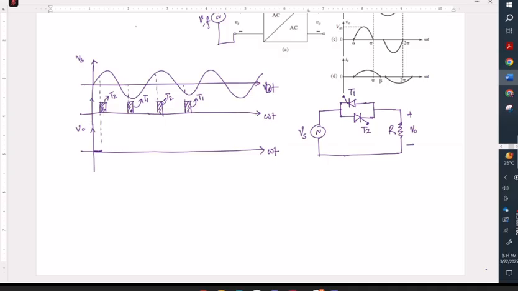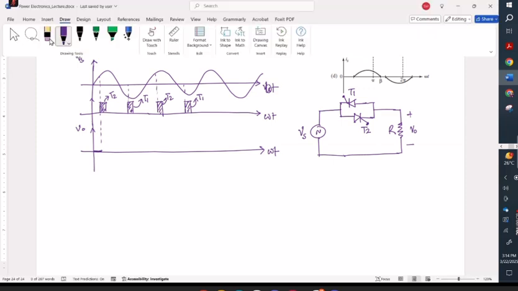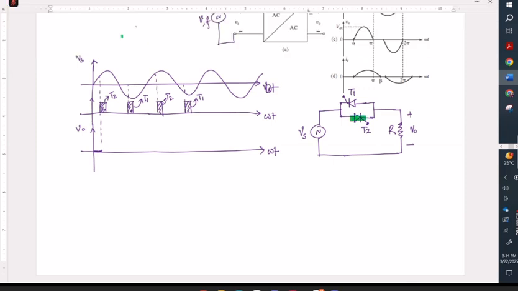And then when T2 is turned on, T2 will behave like a short circuit. If T2 behaves like a short circuit path like this, the current will flow through T2 and come back like this.